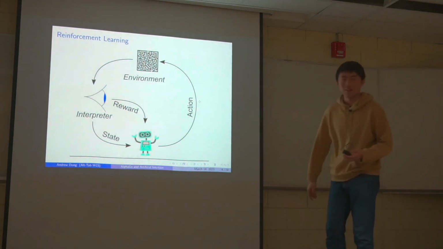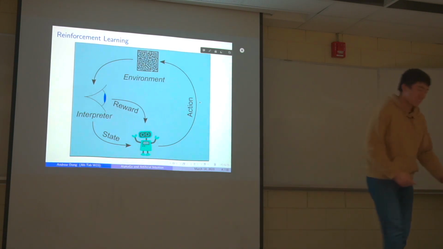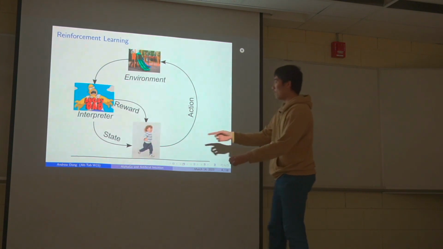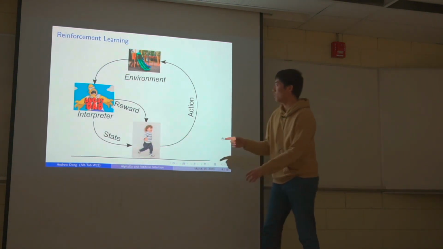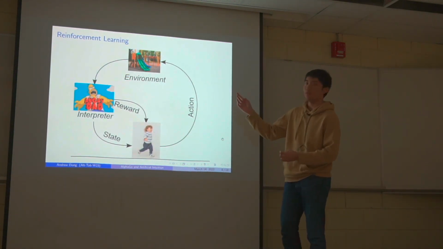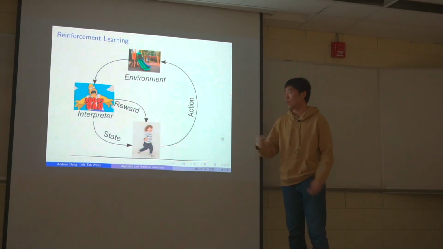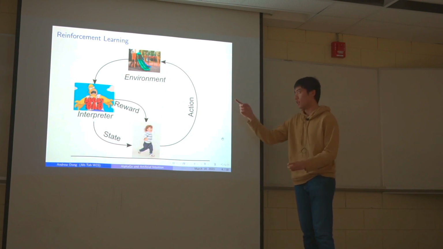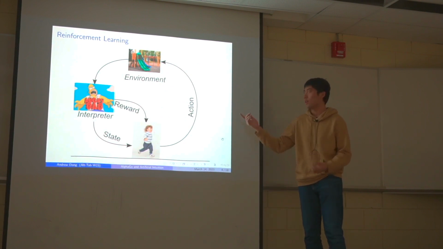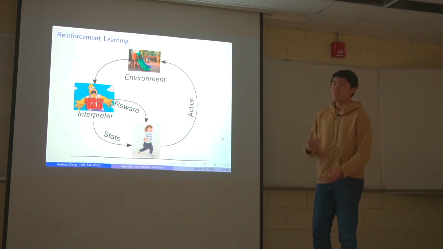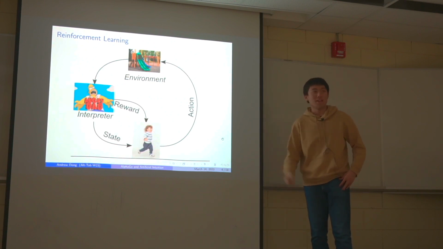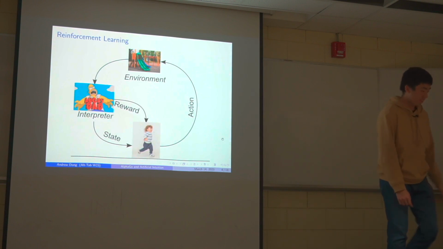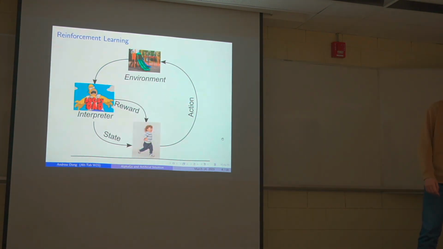So we have some baby, and it will take an action in its environment. Its environment will change somehow. It'll go down a slide too quickly or something. Then the dad will say, "Hey, no, don't do that." So even though it experienced positive reward because going down the slide was fun, it says, "I did not like getting yelled at by my angry dad that much." So the overall reward is negative, and then it will learn not to do that again. That was meant to be funnier.